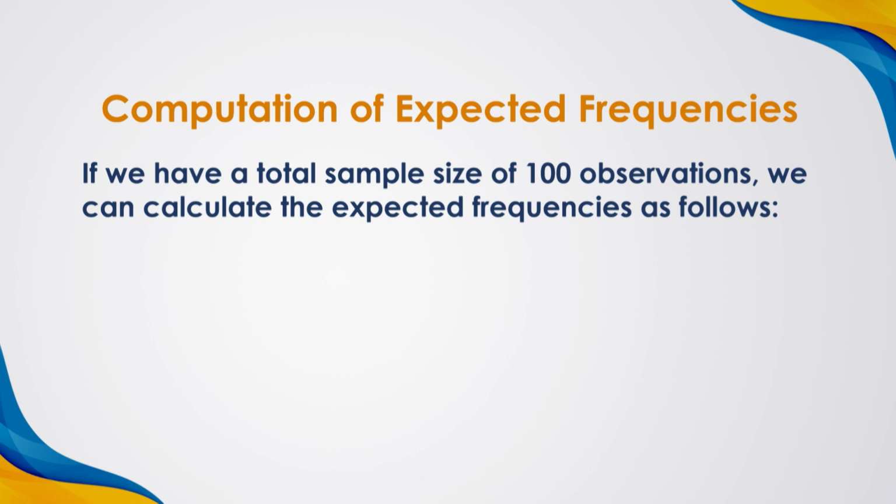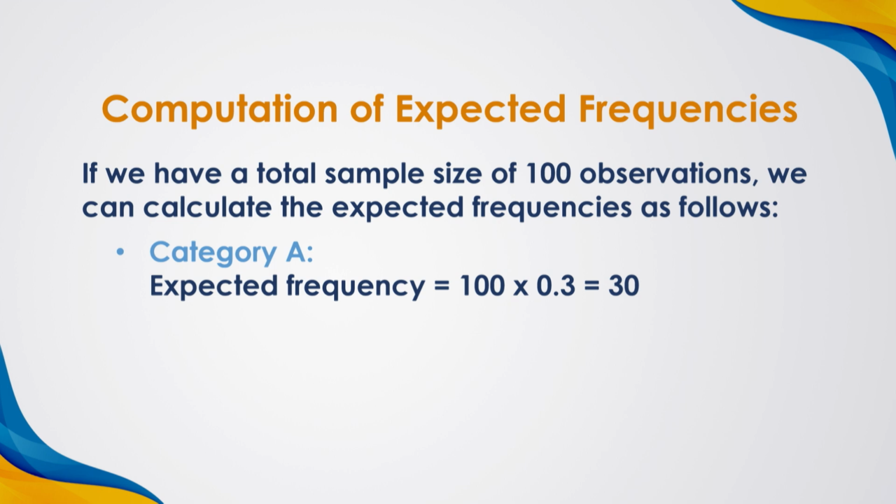If we have a total sample size of 100 observations, that is our total frequency, we can calculate the expected frequencies as follows. As mentioned earlier, by multiplying the total by these proportions, you obtain your expected frequencies. For category A, the expected frequency is 100 into 0.3, that is 30.